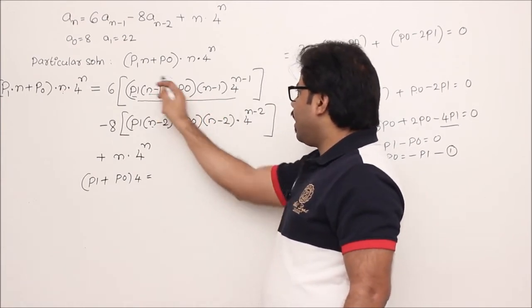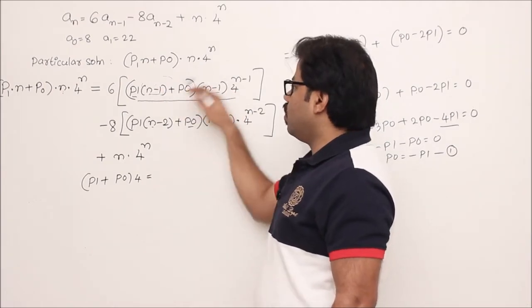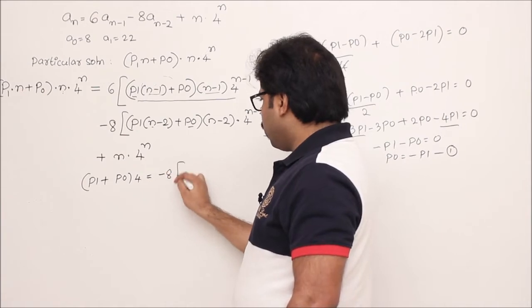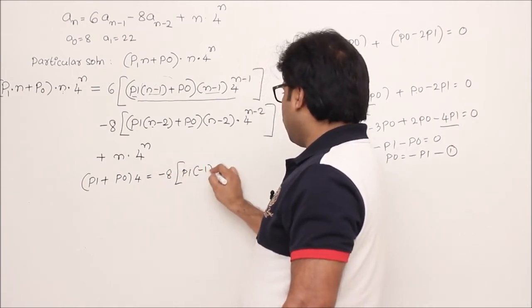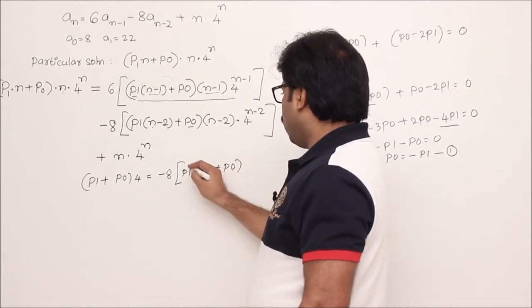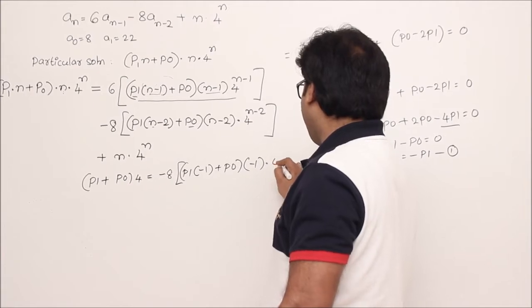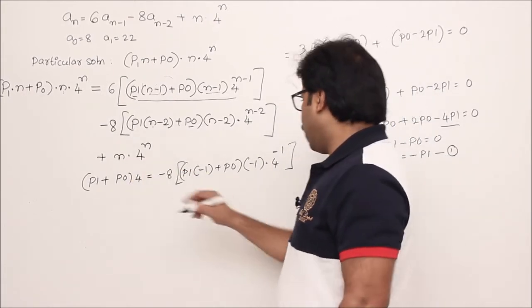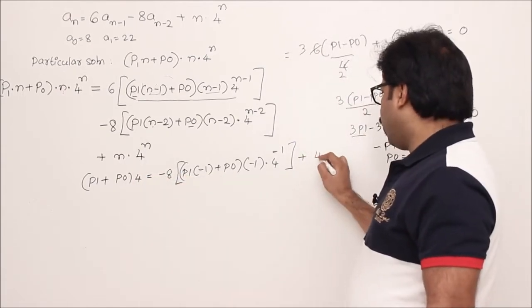This entire thing is multiplied with n minus 1, where n is 1, 1 minus 1, 0, right? So this entire part will become 0. Directly you get minus 8 into P1 into n minus 2 is minus 1 plus P naught into whole brace into n minus 2, which is minus 1, into 4 power 1 minus 2 minus 1 plus n into 4 power n, correct, plus what is n? 1, 1 into 4 power 1, 4.